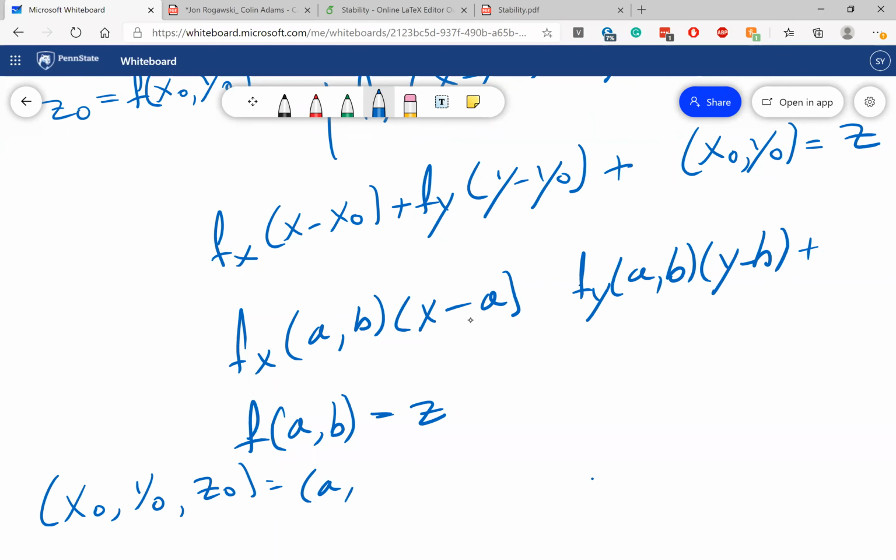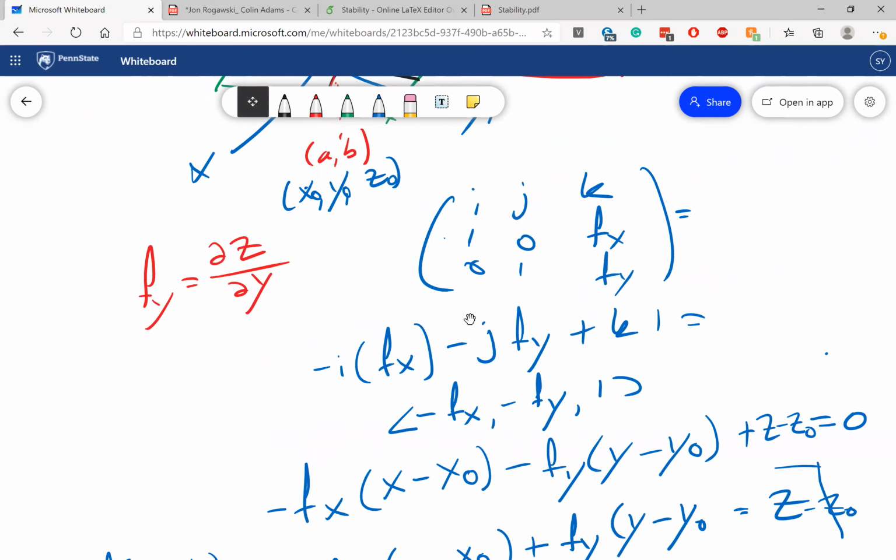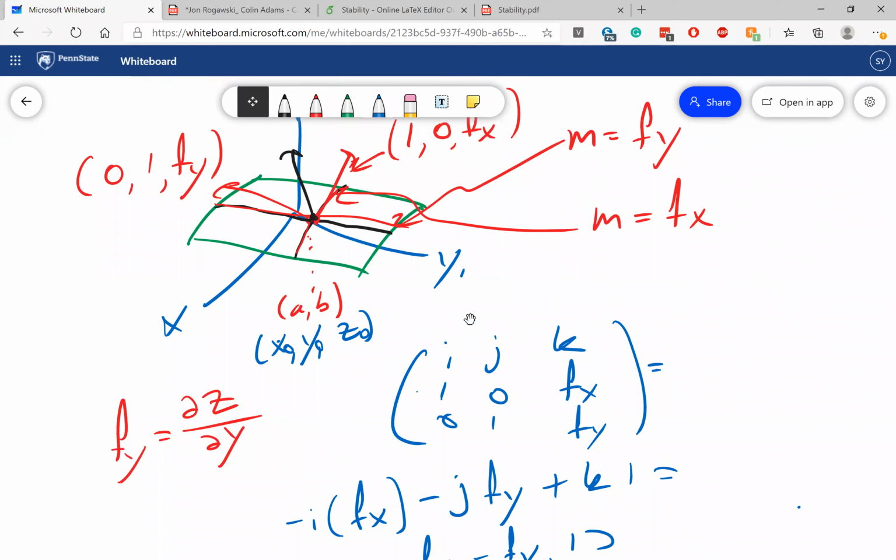That's just what they're using. Instead of x0, they're using the point a, and y0 would be b, and z0 over here would be f of a, b. So it's just the difference between calling this point down here a, b and this point over here f of a, b, or just x0, y0, and z0, calling this point x0, y0, and z0.